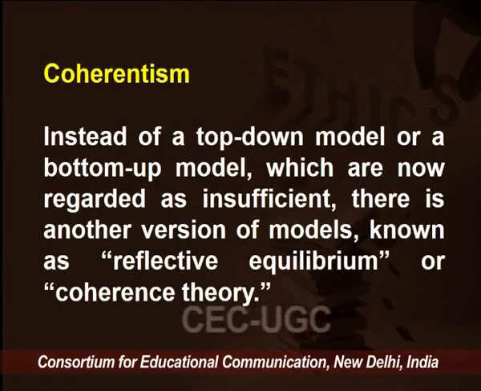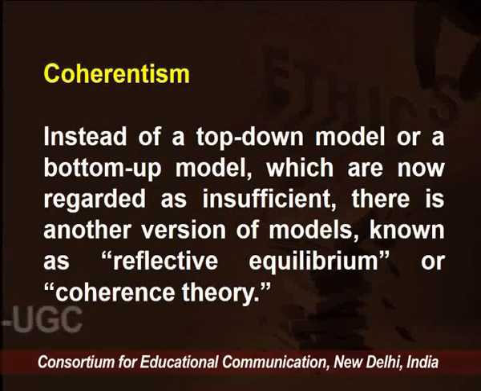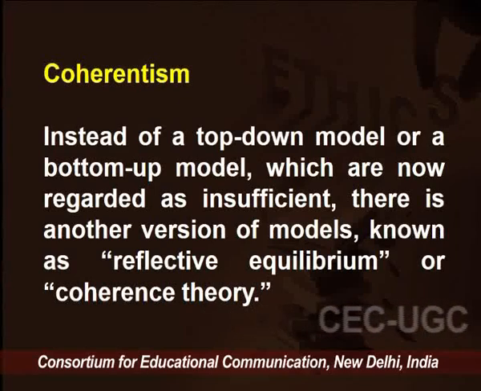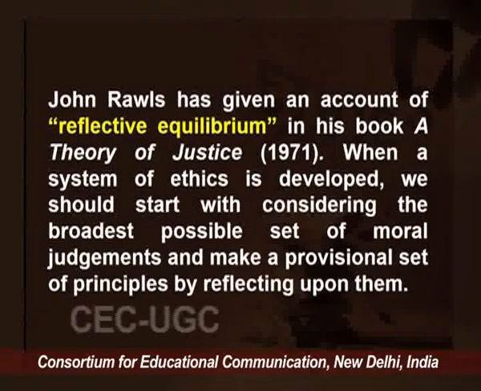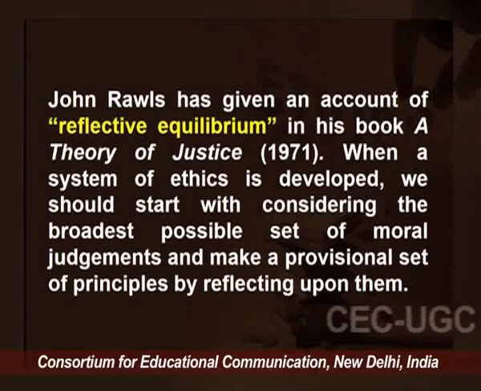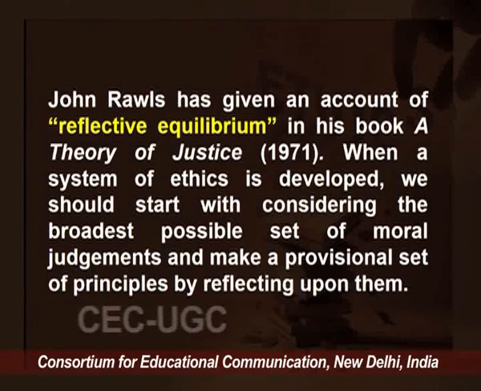Instead of a top-down model or a bottom-up approach, which are now regarded as insufficient in the area of applied ethics judgment understanding, there is another version of models, and these are known as reflective equilibrium or coherence theory. Now, reflective equilibrium is a term used by John Rawls. He has given an account of reflective equilibrium in his book, A Theory of Justice, 1971.